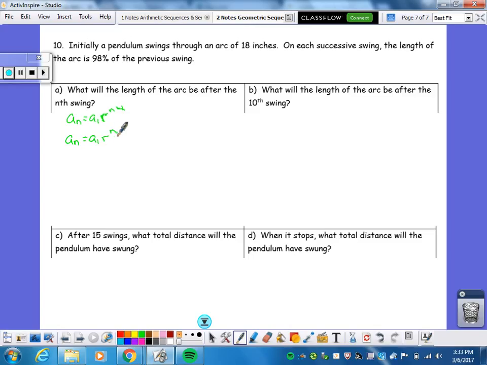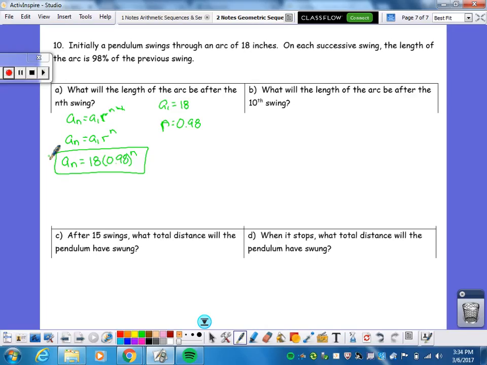This is just special for this problem since the 18 inches isn't included as a term. So, when we substitute our values in, we know A sub 1 is equal to 18, and we know r is equal to 0.98. When we substitute these values in, we get A sub n is equal to 18 times 0.98 to the nth power. And that is our final answer.